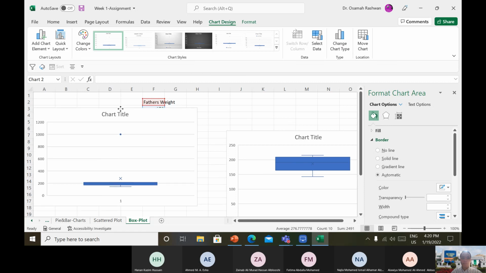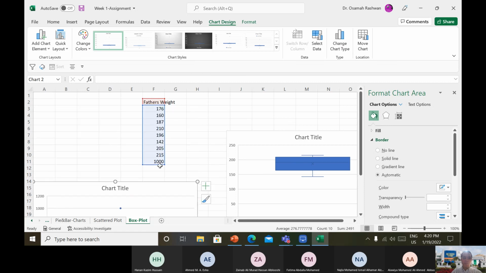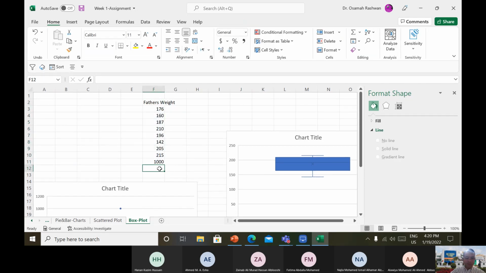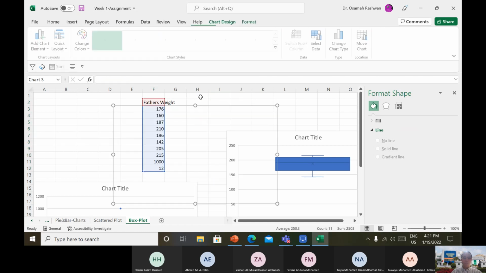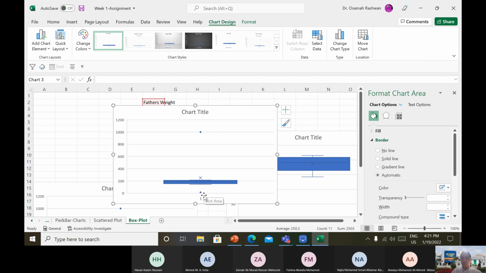Catch my point? If I put another very small value, like 12, and go for the box plot, I'm expecting to have outliers on the side of the minimum value. Catch it?